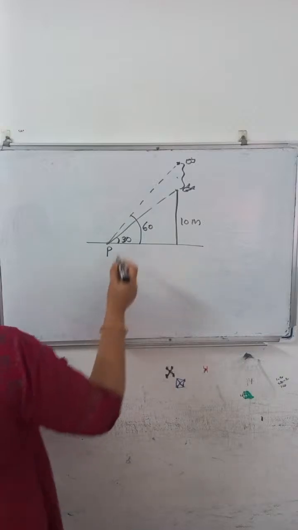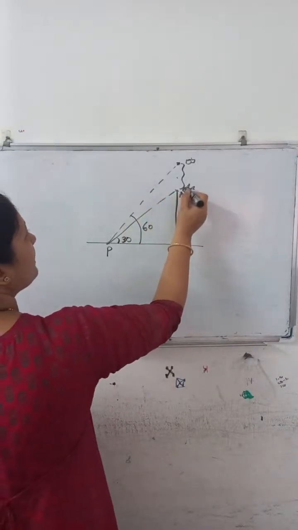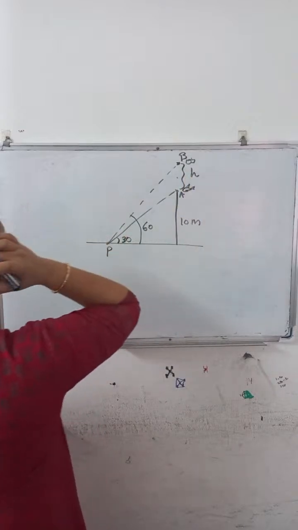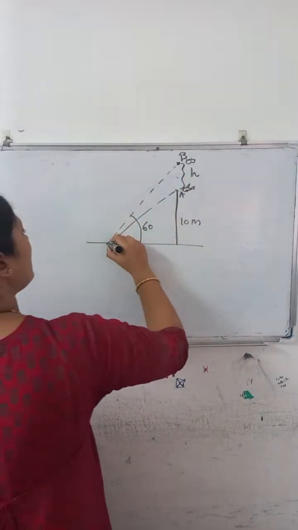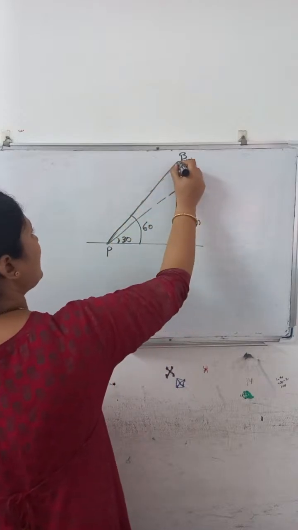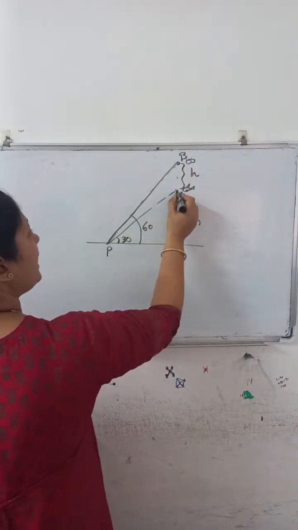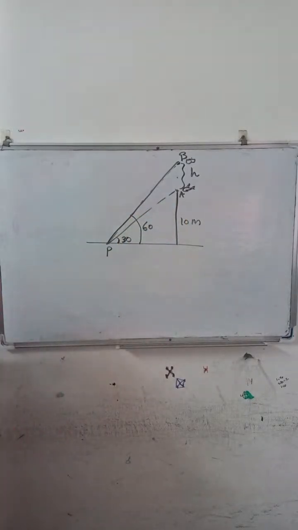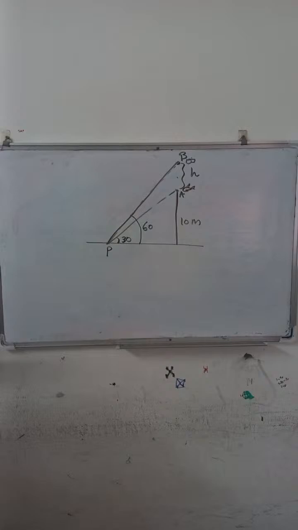Suppose I take this as A and this as B, so it covers a certain height H. With B the angle of elevation is 60, and with A the angle of elevation is 30 degrees.